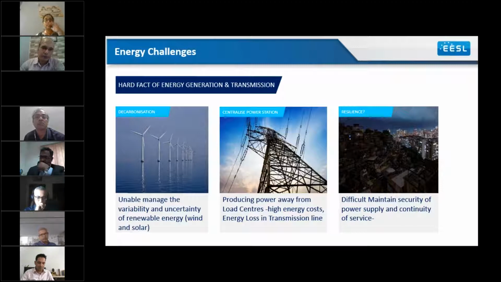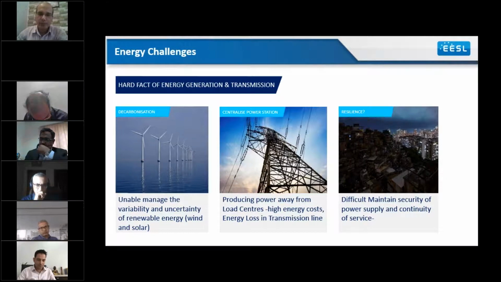So let us come to the energy challenges. Decarbonization, and managing the variability and uncertainty of renewable wind and solar. There is a huge energy loss in transmission and distribution from the centralized power system.